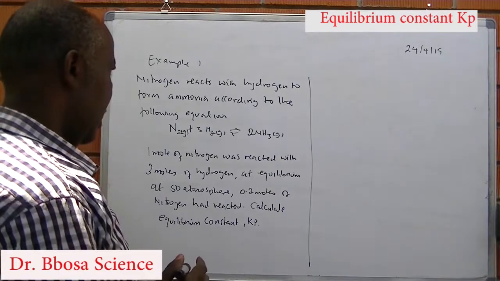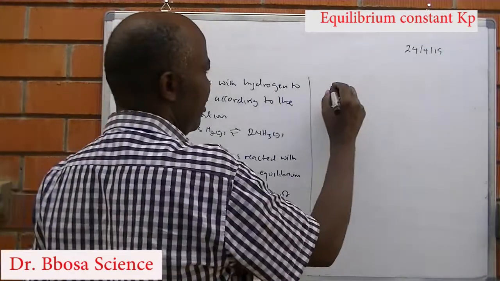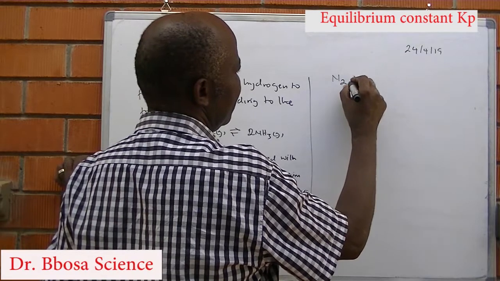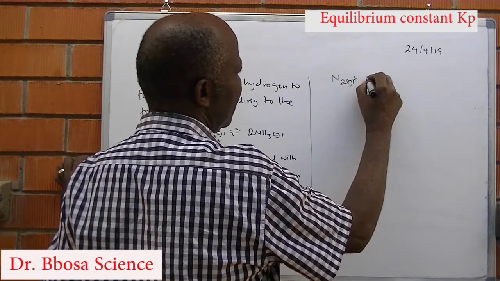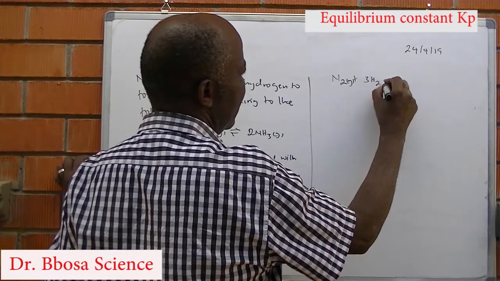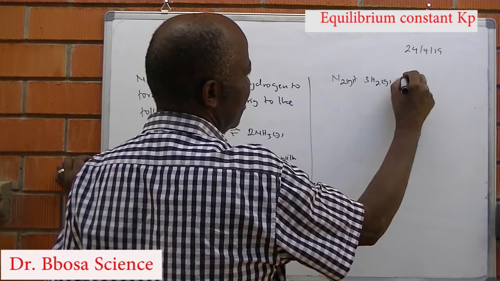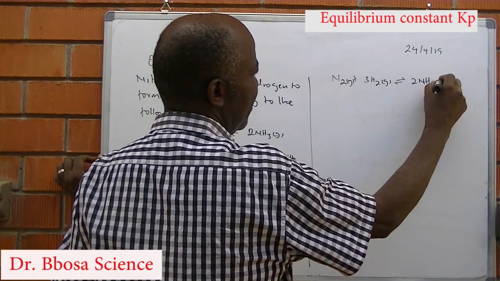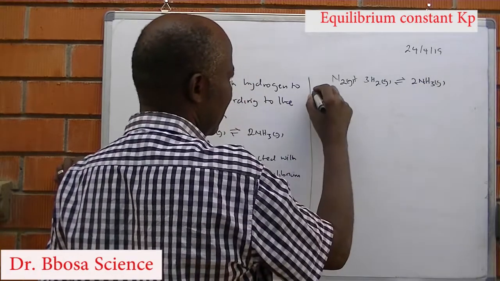Calculate Kp. First, you rewrite the equation. Nitrogen gas plus 3 hydrogen gas will give you 2 NH3 gas.